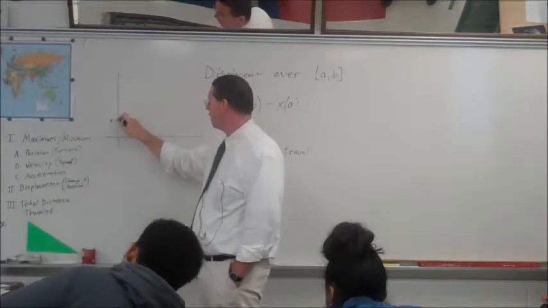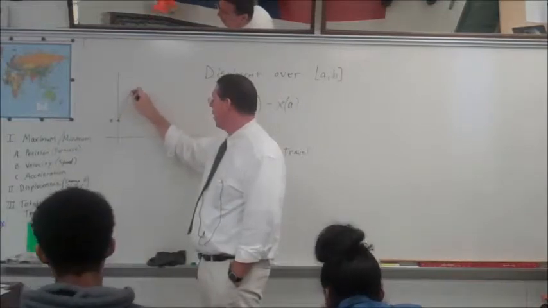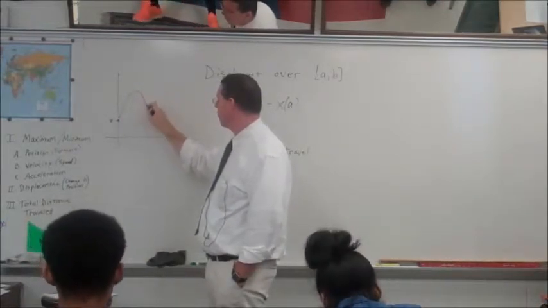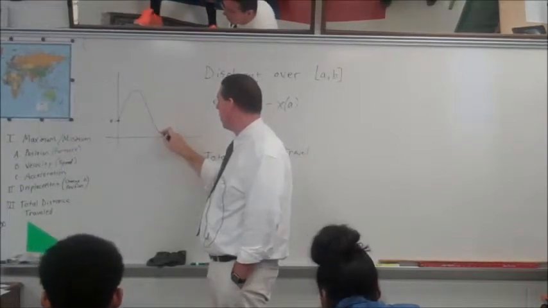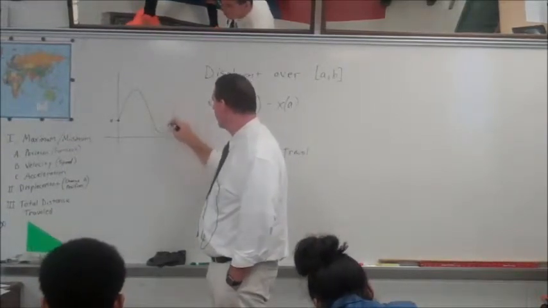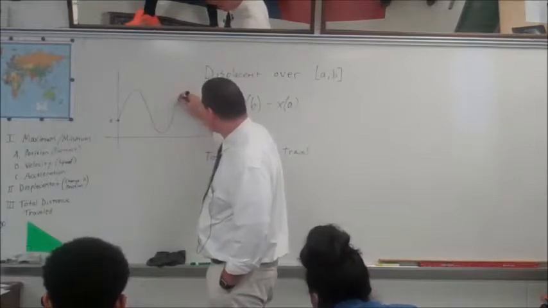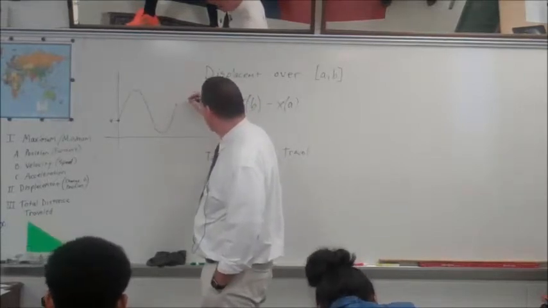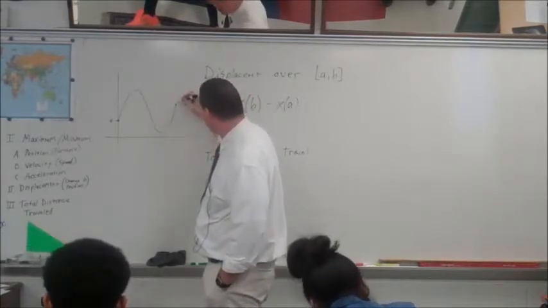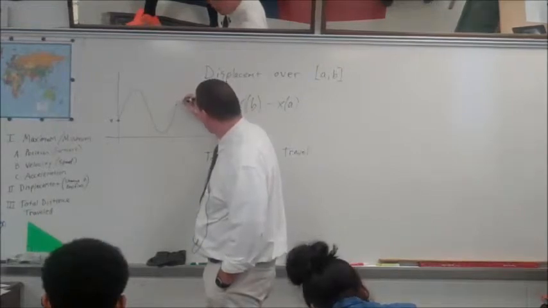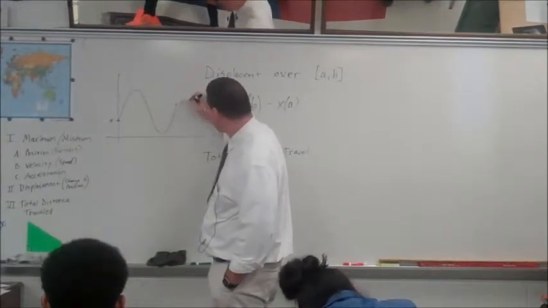It moves to the right. And then it turns around and moves to the left. And then it moves to the right again. And this is where it ends. Let's say that it traveled for 10 seconds, and after 10 seconds, it has a position of 7.